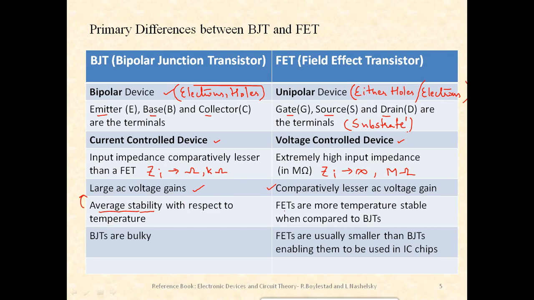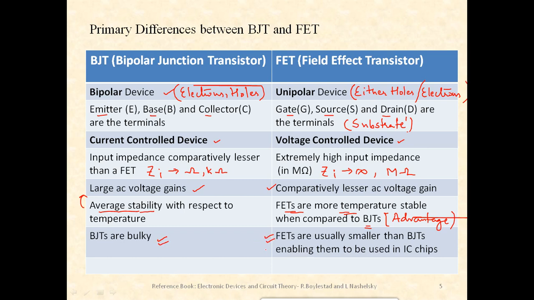So in that case, FETs are more temperature stable when compared to BJTs. So this is a big advantage of FET over a BJT, right? And finally, with respect to the sizes, BJTs are bulkier, whereas FETs are usually small.